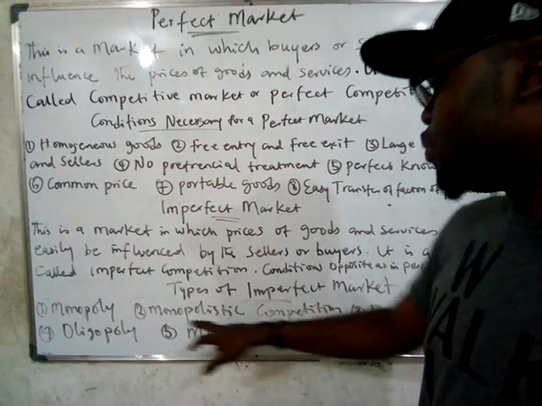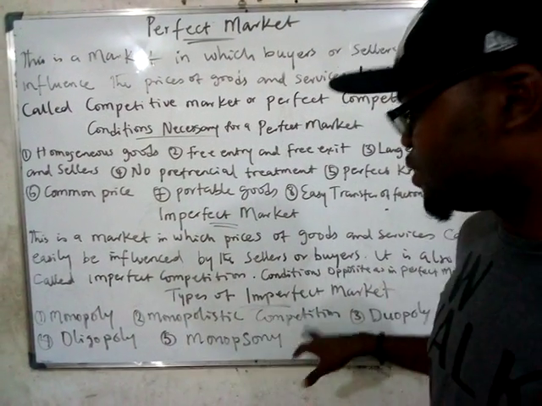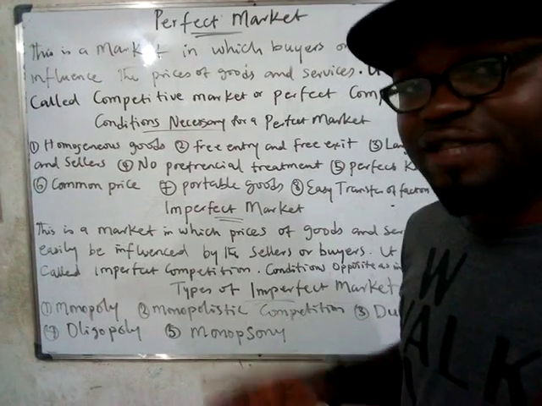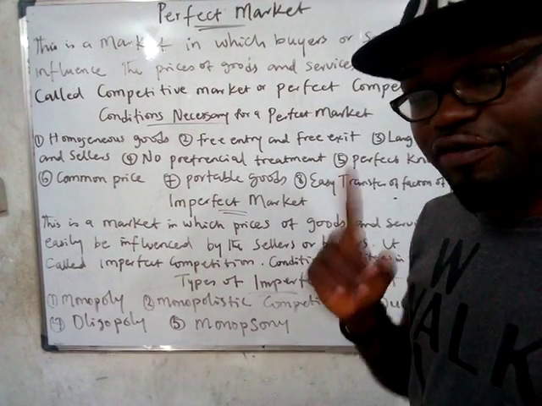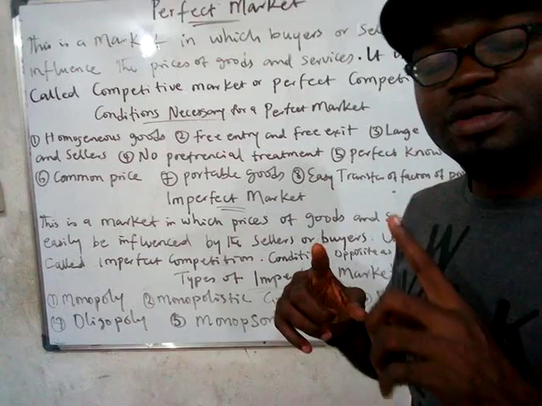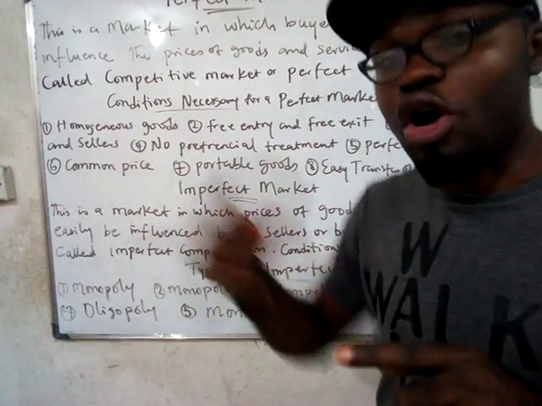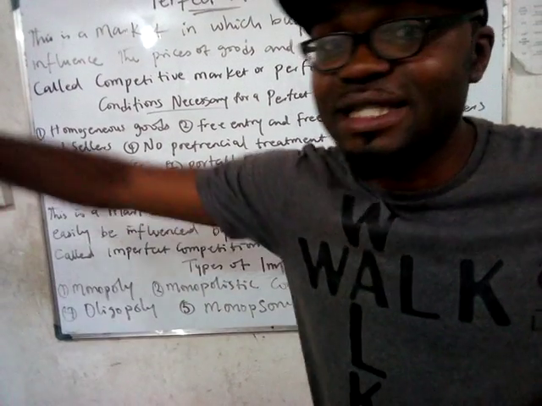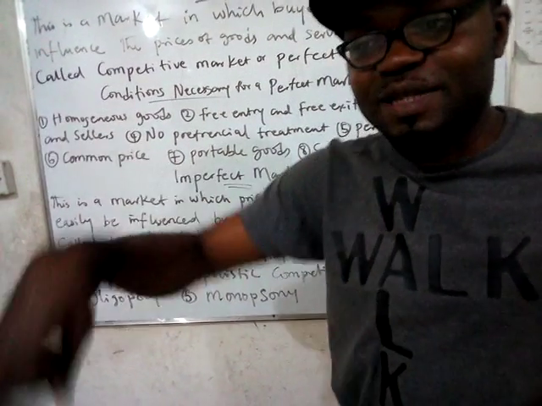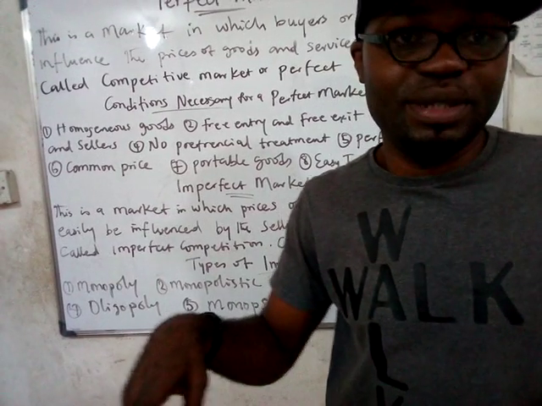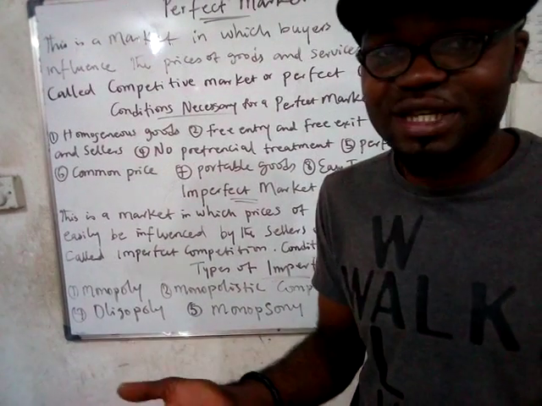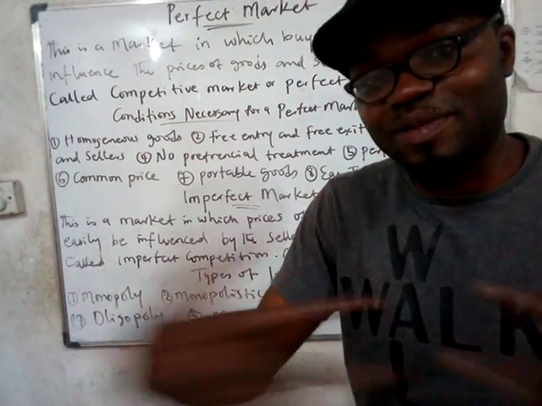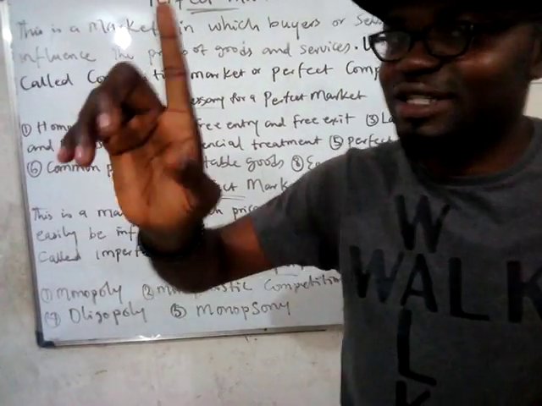Now we have what we call monopolistic competition. Here there are different sellers or producers of different commodities. They are plenty, they are producing, but they are producing different things. So one person's product is not a substitute for the other person's. So it's almost like a monopoly, because there are many producers or many sellers, but they are selling different things, not the same thing.